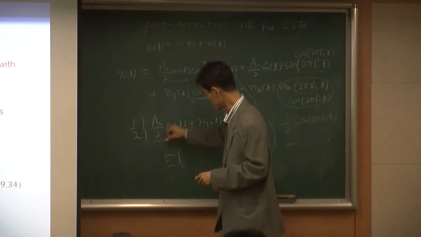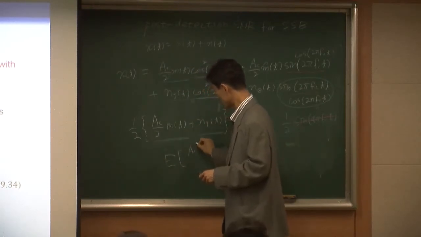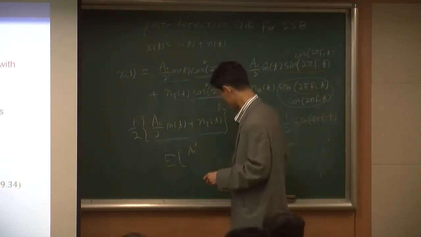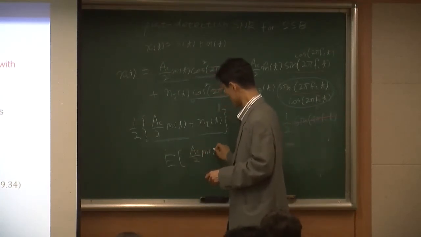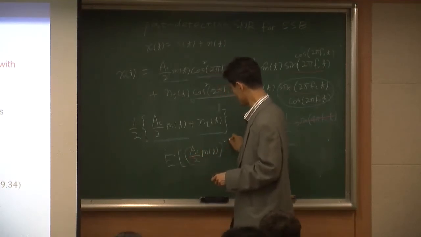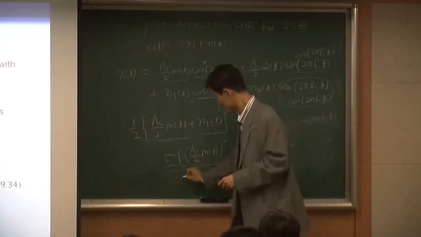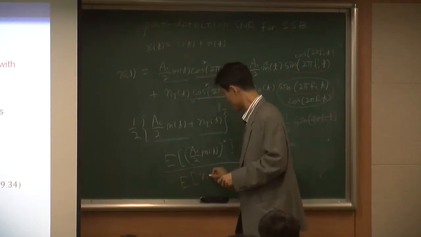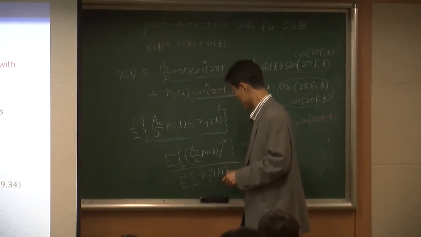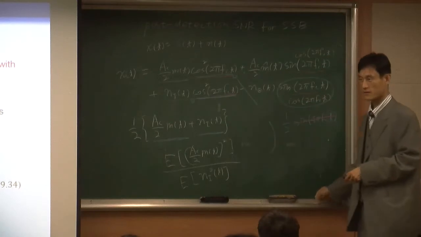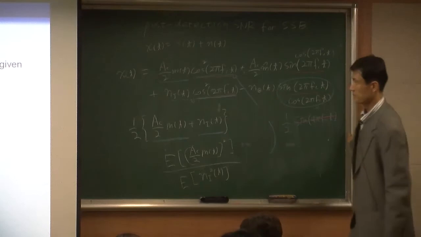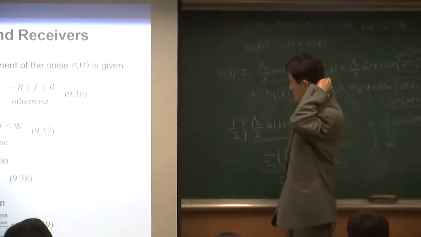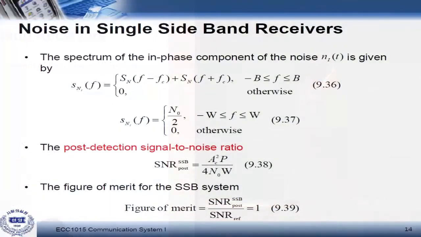And the noise is that. Expectation of this part, AC square, AC over 2 MT, the whole thing, square, divided by expectation of noise part, like that. That's our SNR, right? That's the output of our post-detection SNR. Okay? So once you do that, then you're going to get this output.